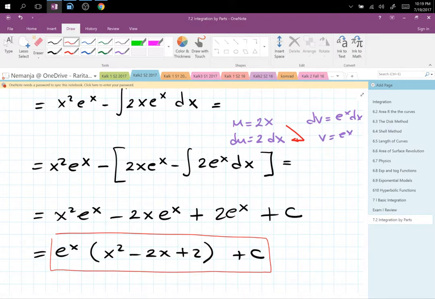So I did it by parts. 2x e to the x dx is the procedure, and then turned it into this. I can't integrate this because this is not a basic integral. You can only integrate when it's a basic integral. But this one has x, so I have to use this procedure to remove the x. So the procedure spits out this extra term, and the rest that is left is easy.